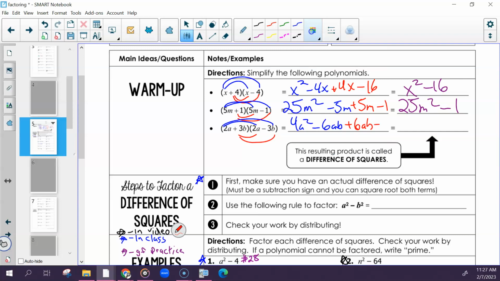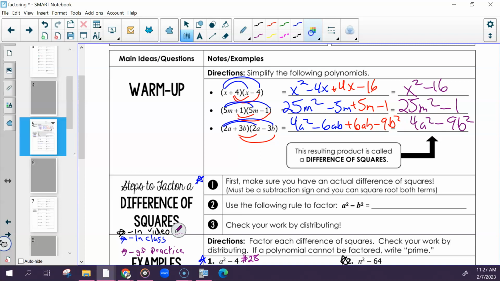Negative 9b squared, yeah. Right, so what would that final answer be? 4a squared minus 9b squared.